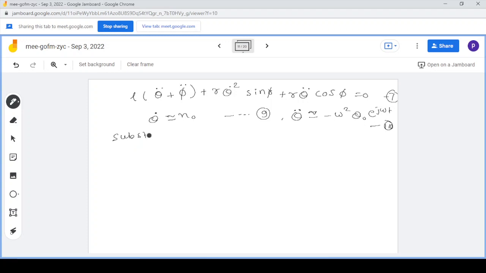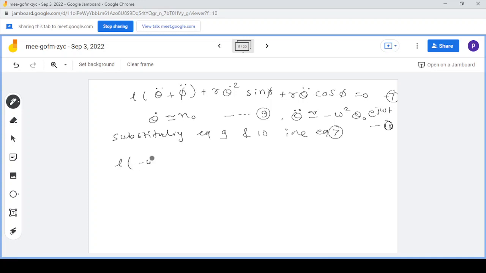So, substituting equations 9 and 10 in expression 7, look at this. This theta dot will be replaced by this term.